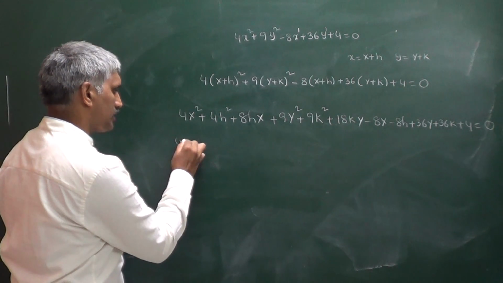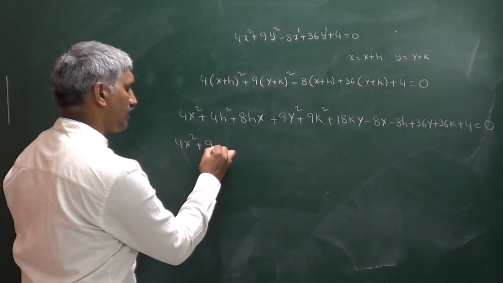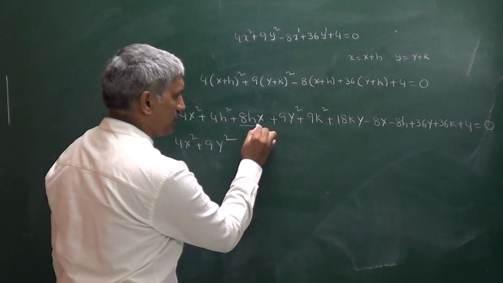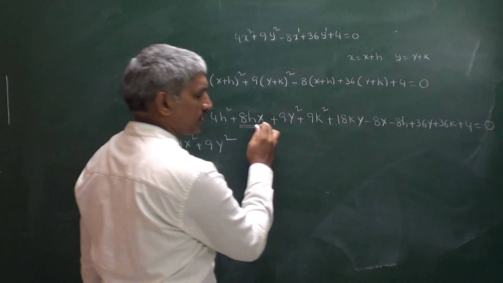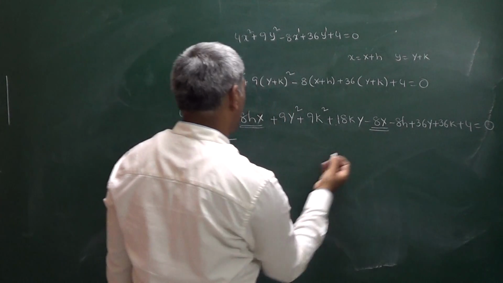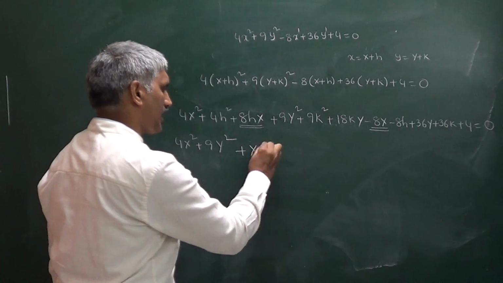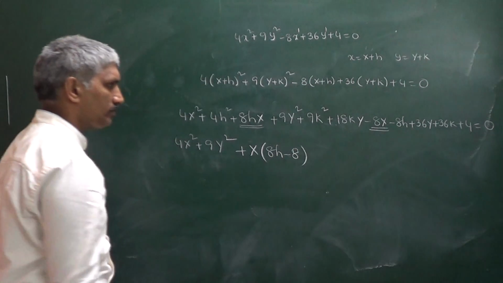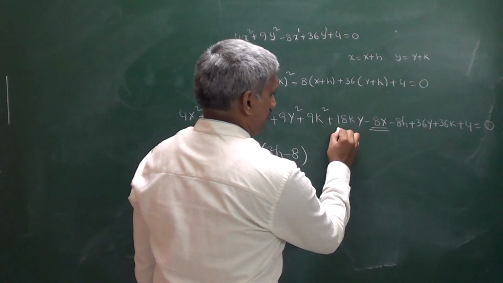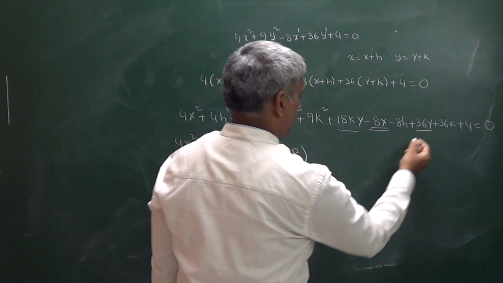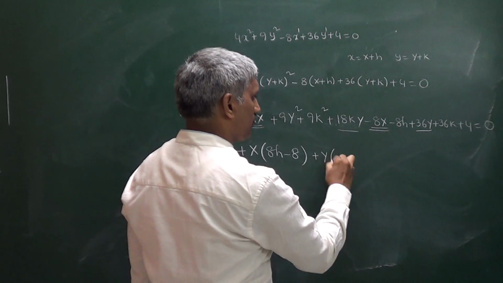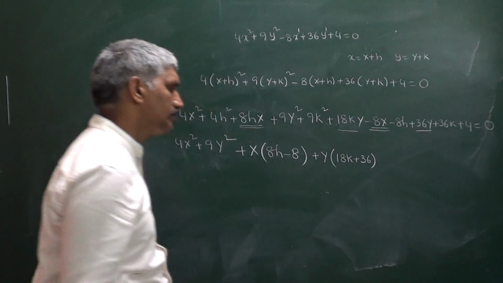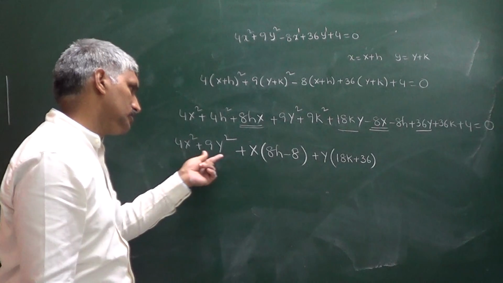Now 4x square plus 9y square, these are the second degree terms. Next, observe, this is the first degree term x, here also a first degree term. Take x common here, then we get 8h minus 8. Next, here y, here also y. If you take y common, then what do we get? 18k plus 36.